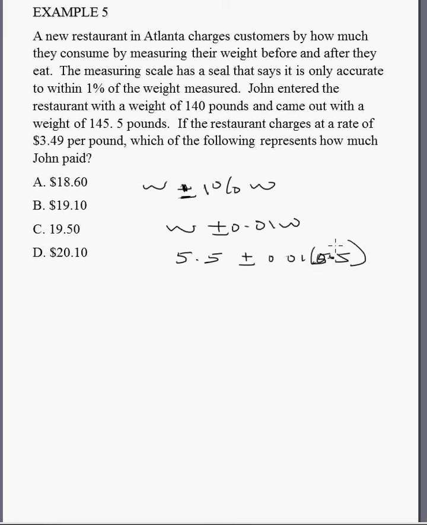So 145.5 minus 140 is 5.5 pounds. If the scale is fine, then we will multiply 5.5 by 3.49. But the scale is wrong by that, so we need to calculate this range.